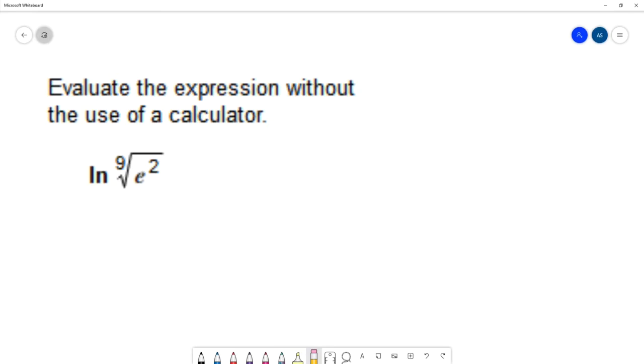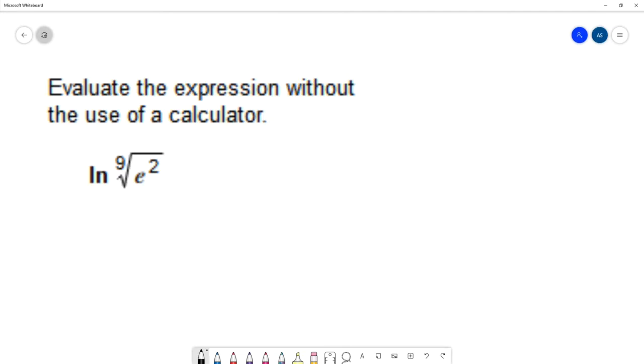And of course, there's multiple ways that you can simplify this as well. So I'll try to take a couple different approaches so that you can understand it in different ways. One thing to keep in mind here is that a radical can be written as a power.